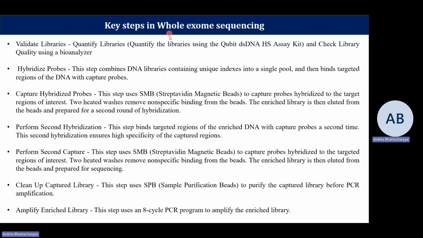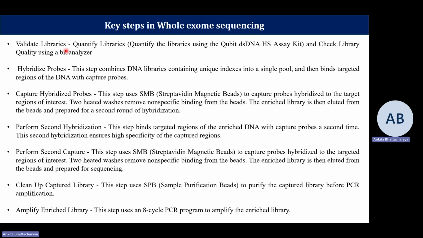Then you need to validate the library. You need to quantify it using Qubit, for example, and you need to check the quality of the library using a bioanalyzer. All of these steps are, of course, a part of the QC step, basically after checking the DNA quality.